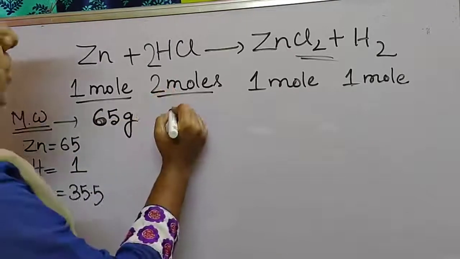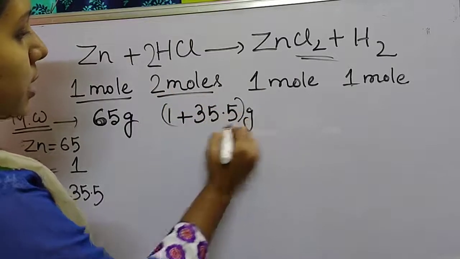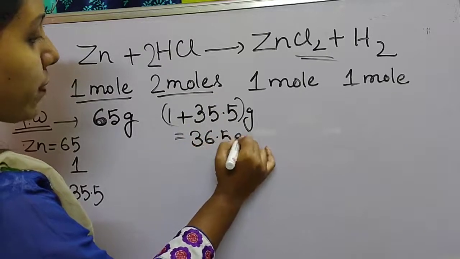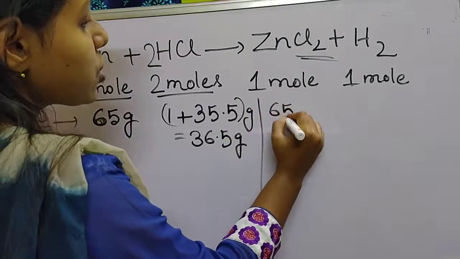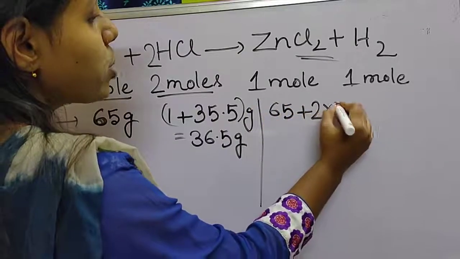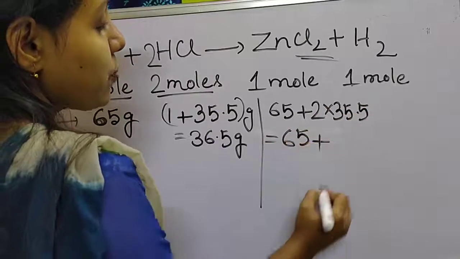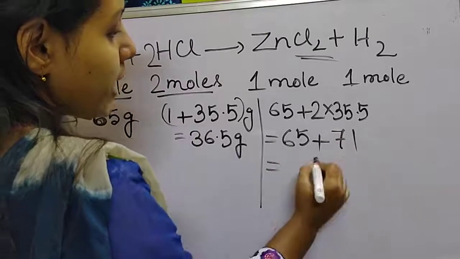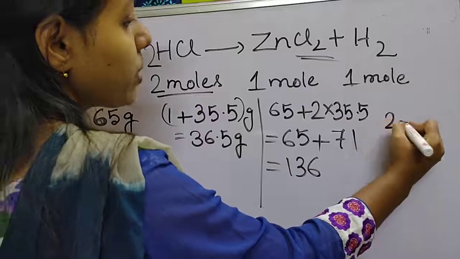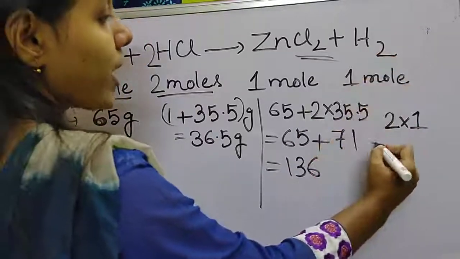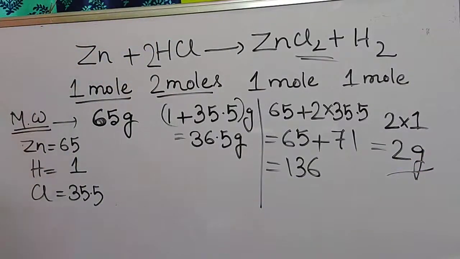For HCl, hydrogen 1 plus chlorine 35.5, totally 36.5 gram. For zinc chloride, zinc is 65 and 2 chlorines are 2 into 35.5, so 65 plus 71, that is 136 gram. For hydrogen it is 2 into 1, because 2 atoms of hydrogen are present, so 2 gram. These all are their molecular weights.